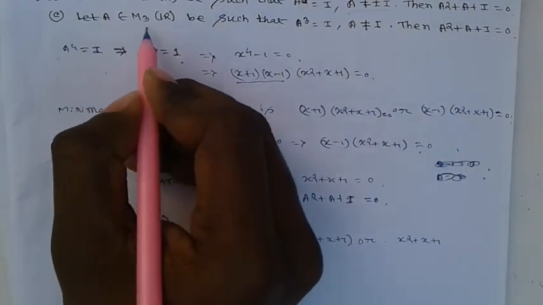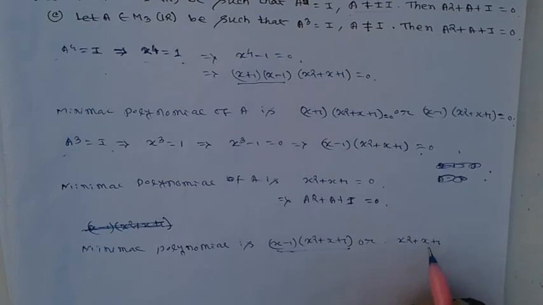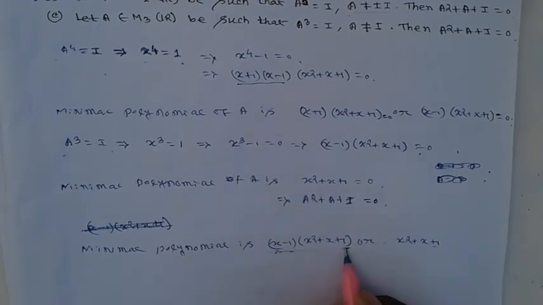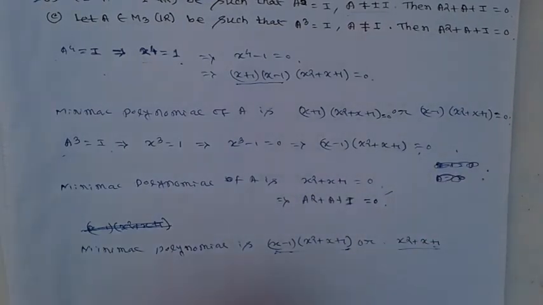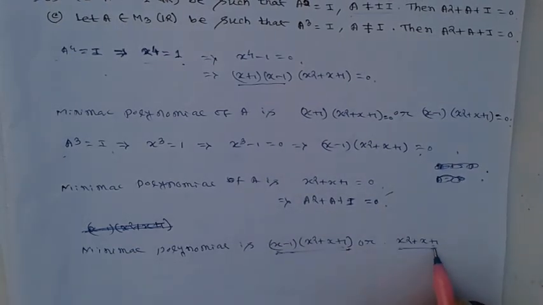Because this is a 3 cross 3 matrix, this can be a minimal polynomial of A or this. But when A is a 2 cross 2 matrix, this cannot be the minimal polynomial of A. So this must be for the previous case, and since this matrix is a 3 cross 3 matrix, either this is a minimal polynomial or this is a minimal polynomial.